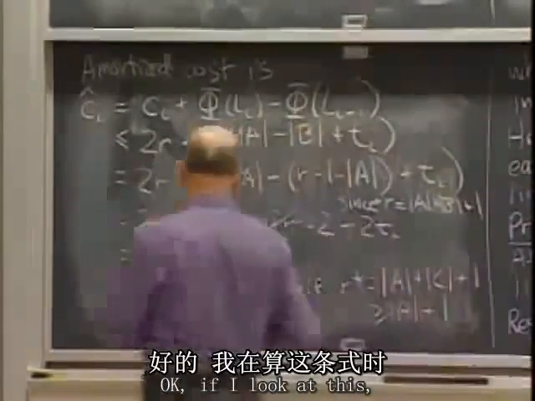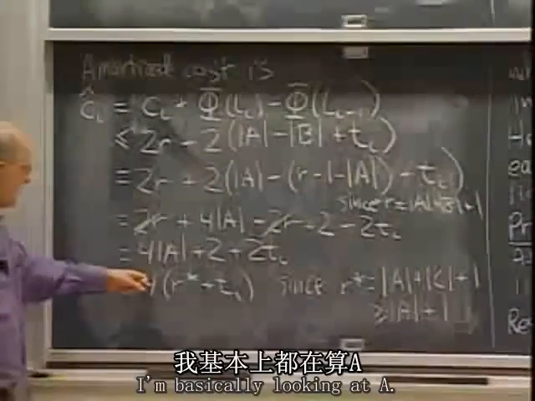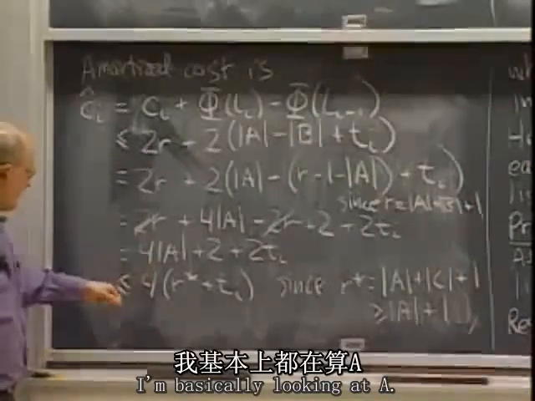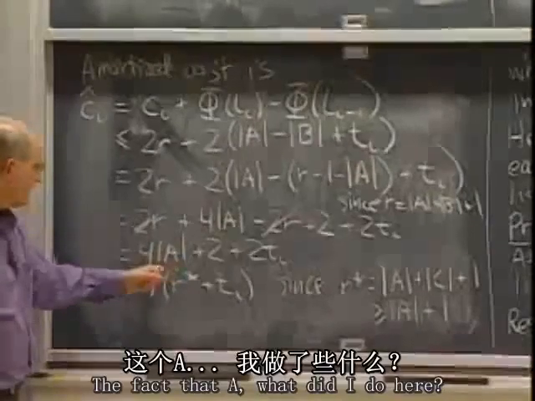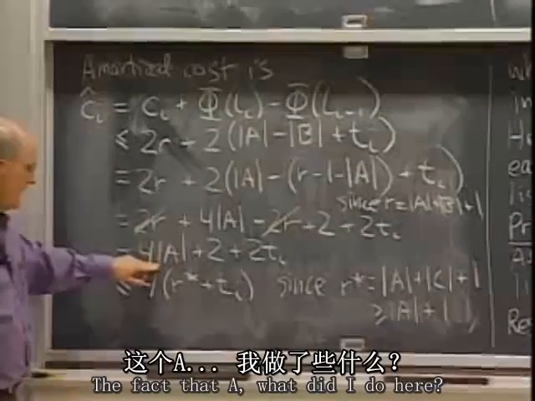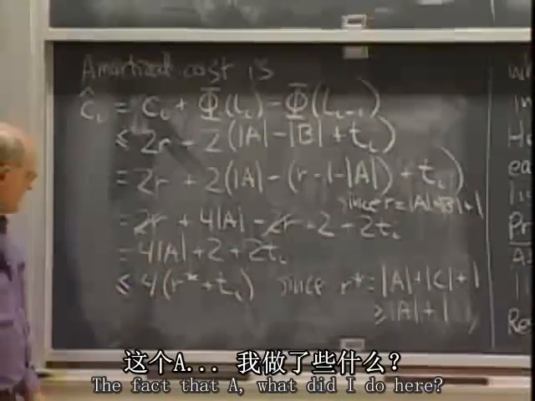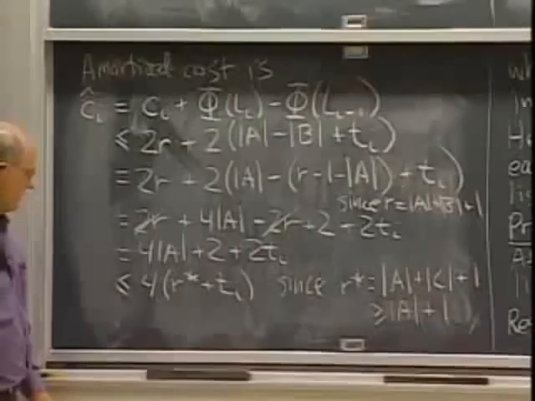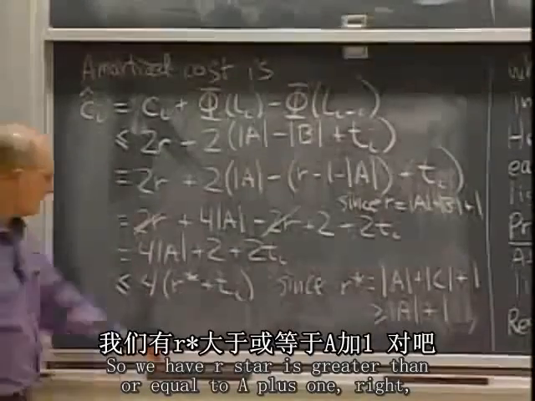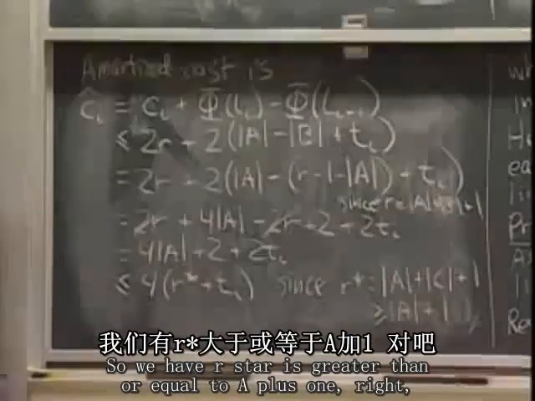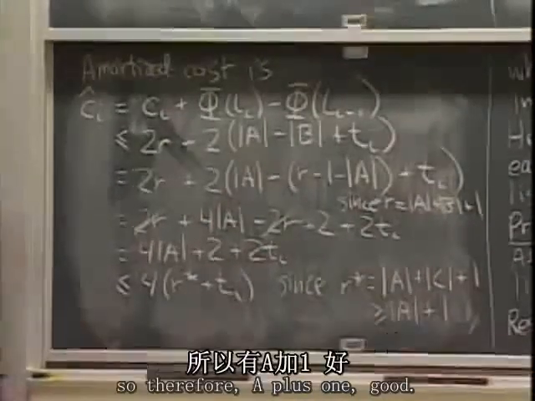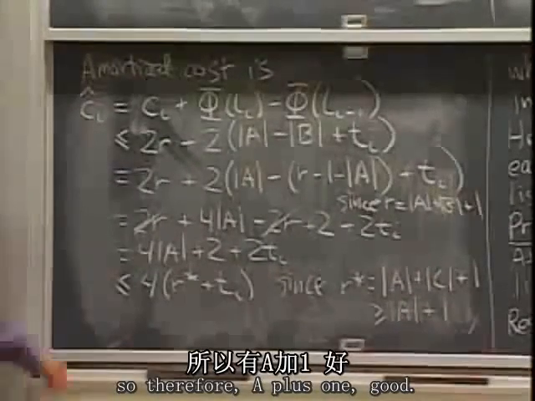So if I look at this, what did I do here? We have r star is greater than or equal to A plus 1, right? So therefore, A plus 1, good.